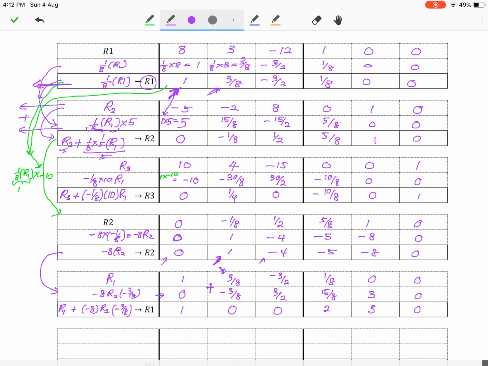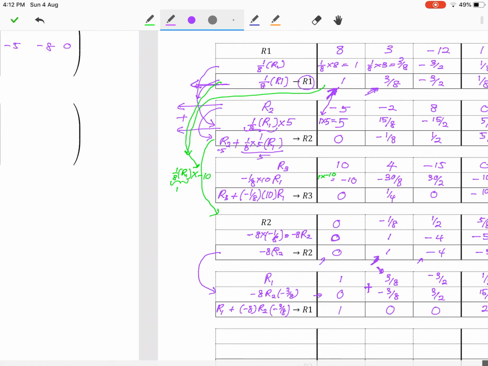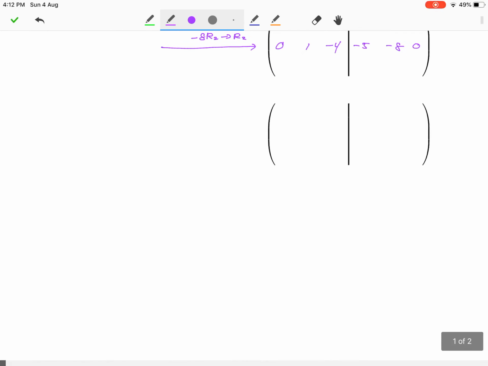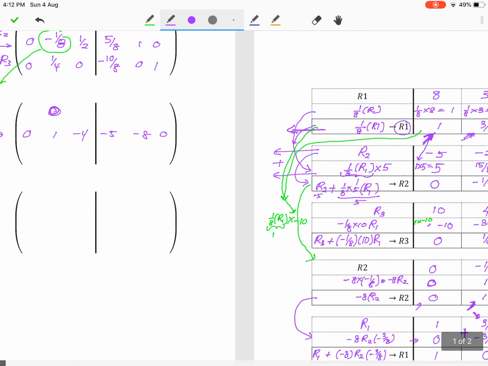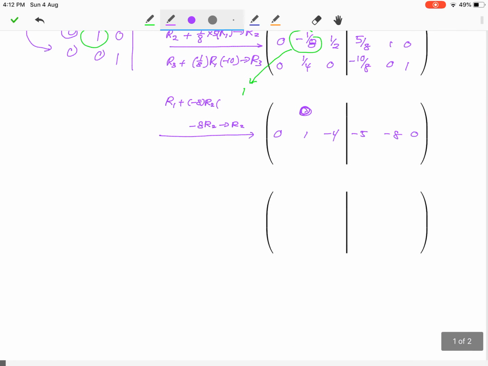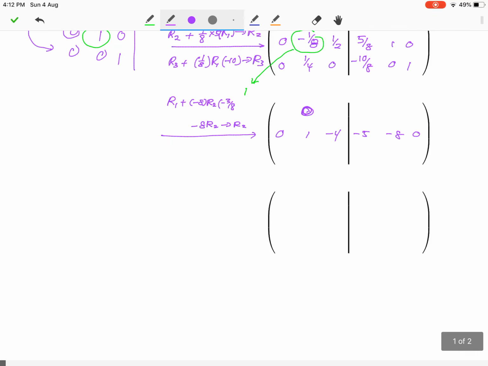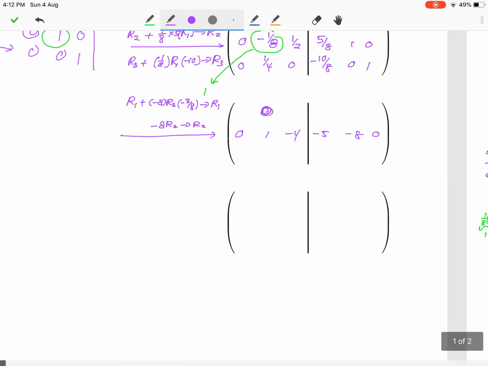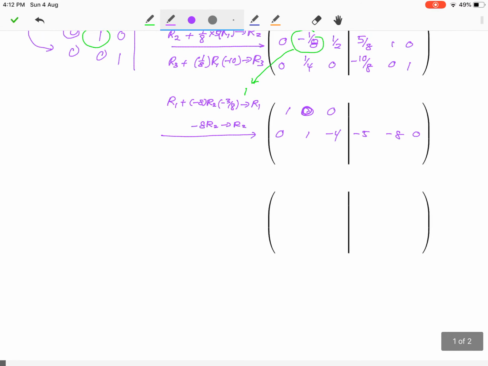So 3, 0. Now we copy down that operation here, which is R1 plus negative 8 R2 times negative 3 over 8 becomes R1. So you have 1, 0, 0.